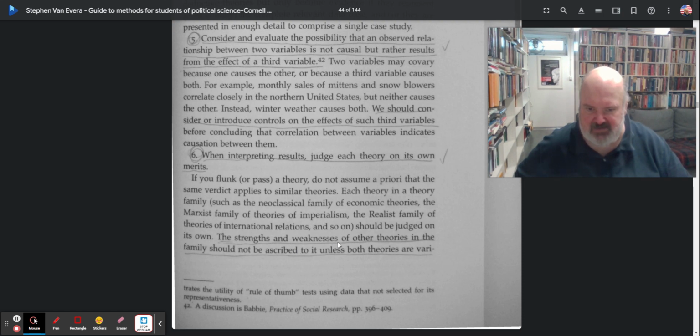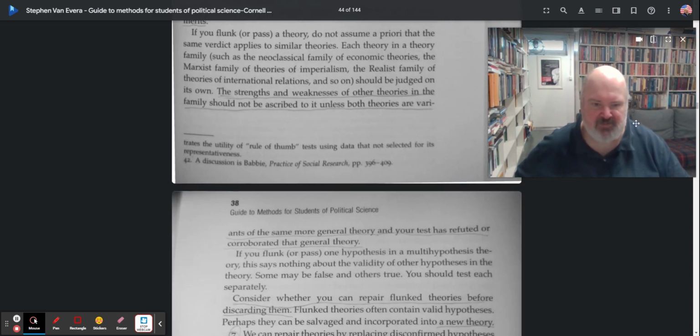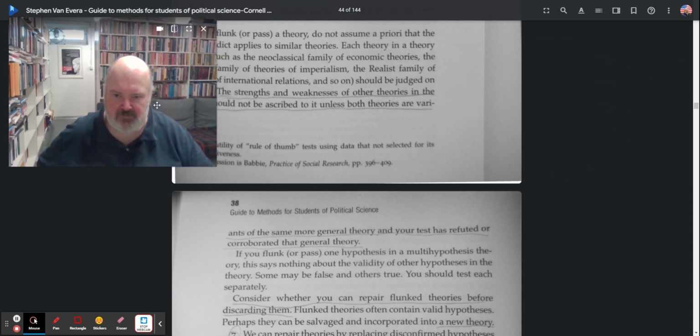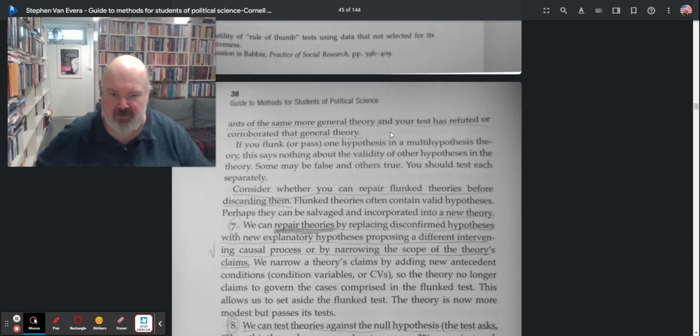The strengths and weaknesses of other theories in the family should not be ascribed to it unless both theories are variants of the same more general theory, and your test has refuted or corroborated that general theory.